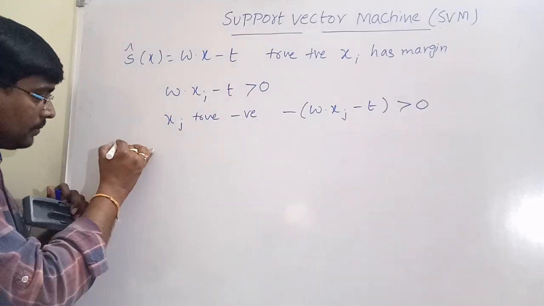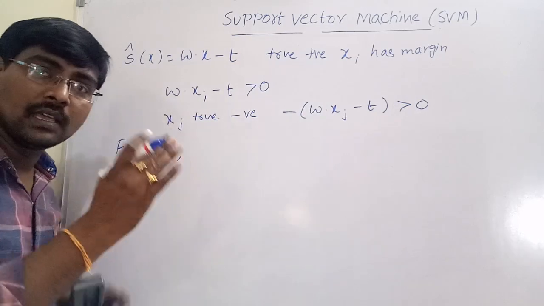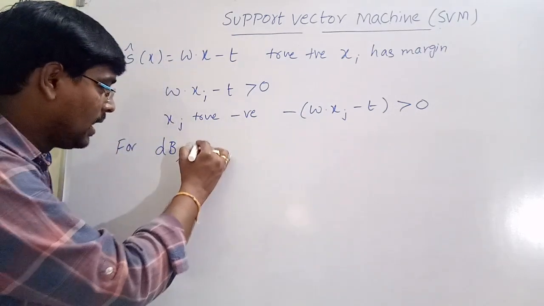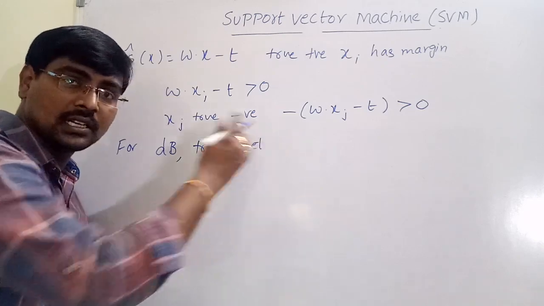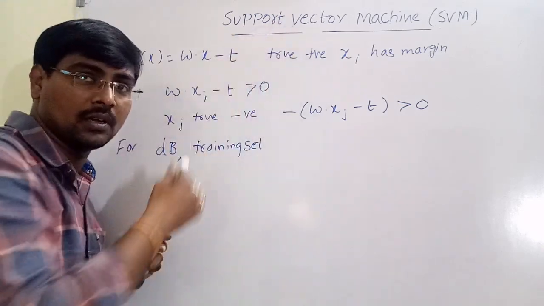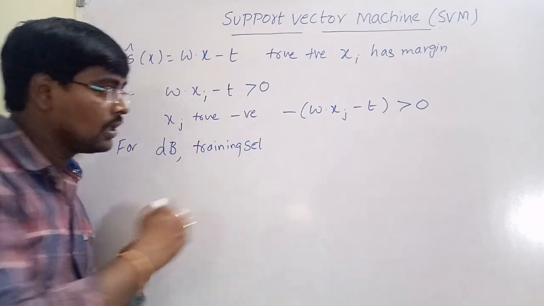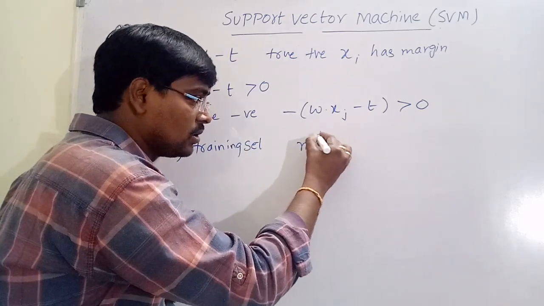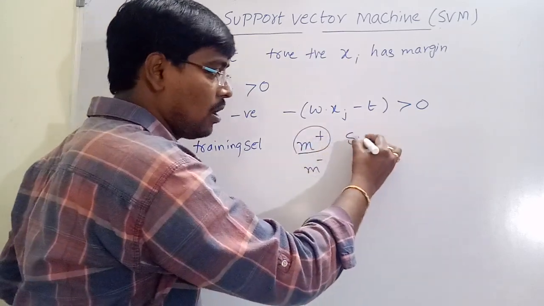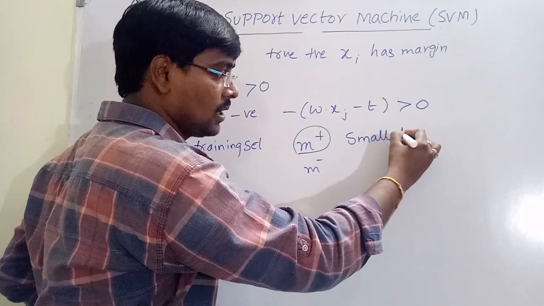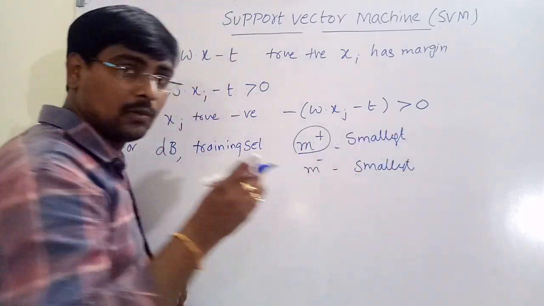For a given decision boundary and a training set, that is, the data on which we have to perform SVM, I am choosing two variables, m plus and m minus.